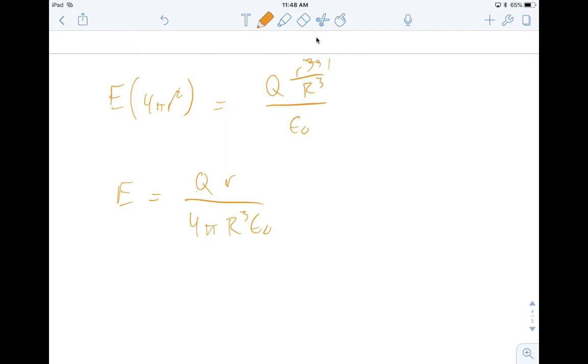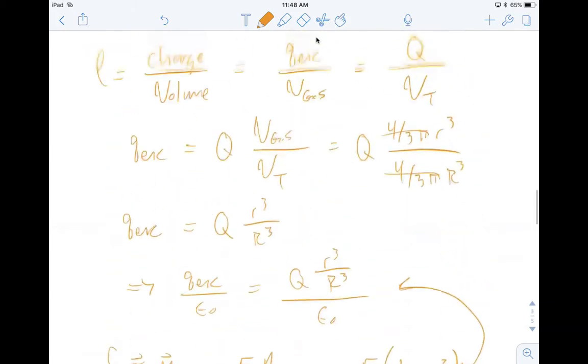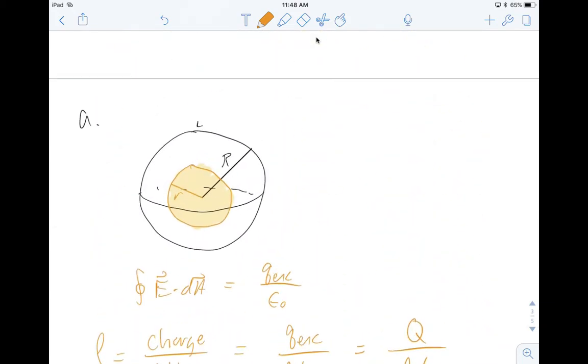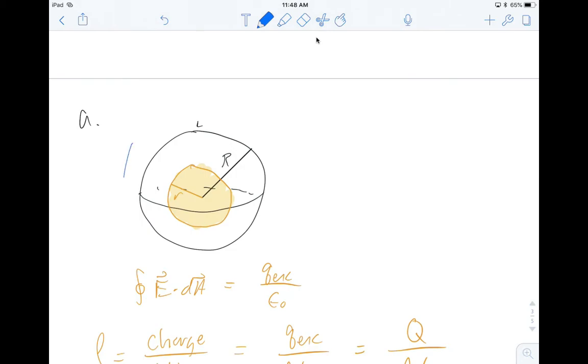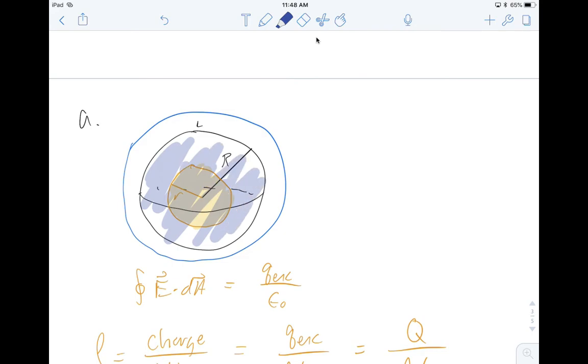Now we want to figure out the electric field outside of the sphere. If I draw another Gaussian surface outside of this charged sphere, how much charge does this contain? It contains the whole thing, and this surface has a radius of little r now.